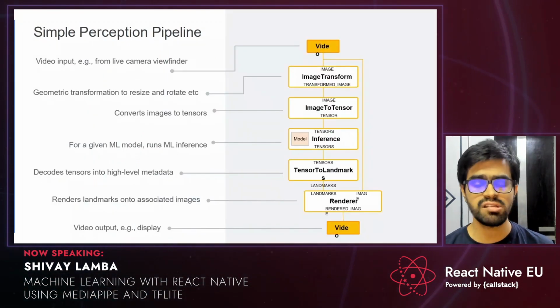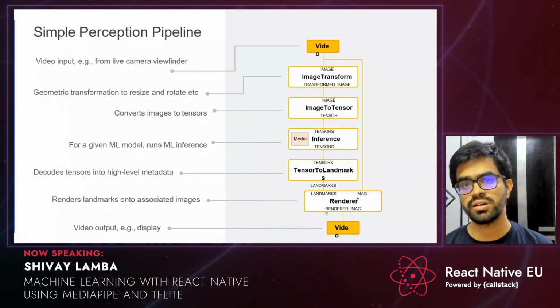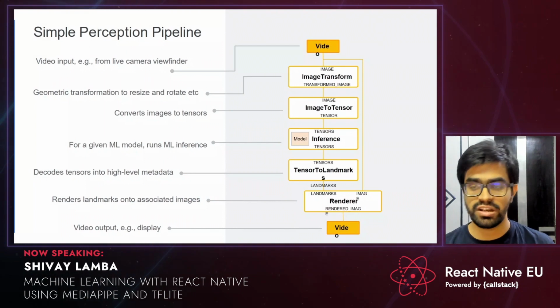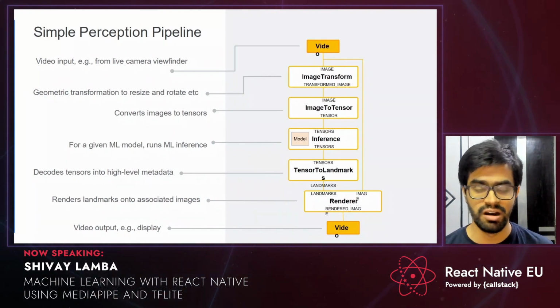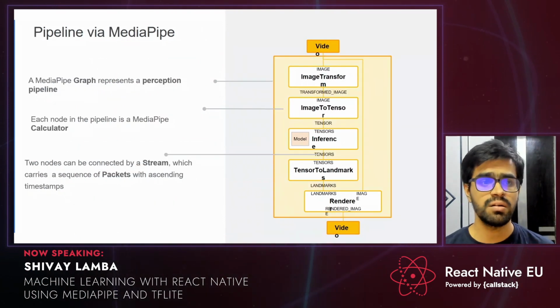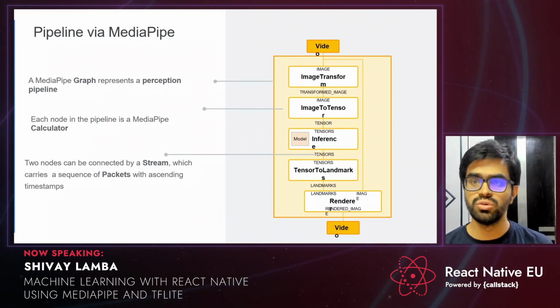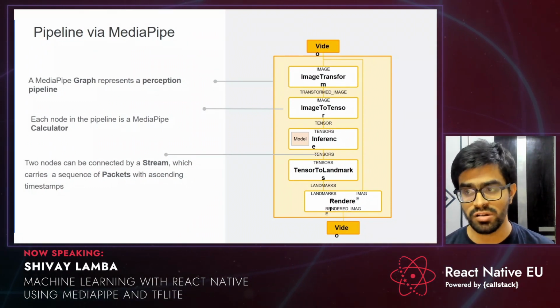So that is how the inference of any kind of MediaPipe based solution takes place, where you give an input and it runs the inference on top of it and poses the landmarks based on whatever it is detecting.